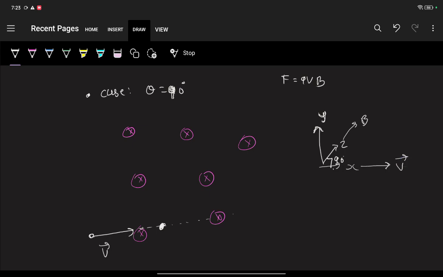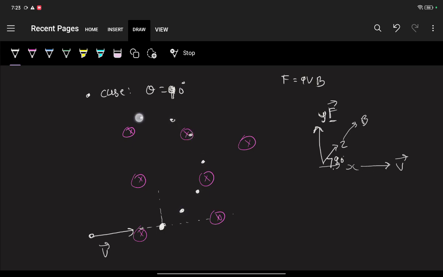If you use Fleming's left hand rule, the force would be in the y direction, right? So this magnetic force will pull the particle towards itself, that means this way, right? So it will travel like this way.